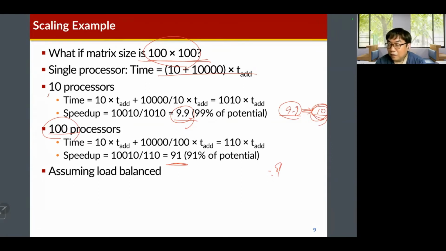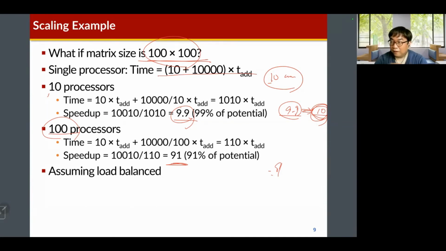Potential is the same as the number of cores. As I mentioned, if we use 10 cores, then our expectation of the peak performance is that its speedup is 10, right? Because there are 10 cores, and every part of the workload is parallelizable, that is the peak performance.